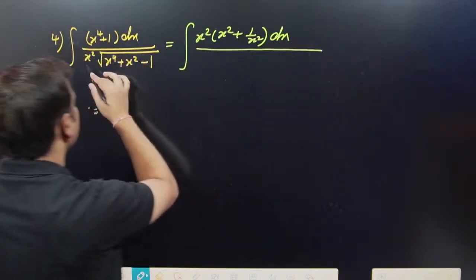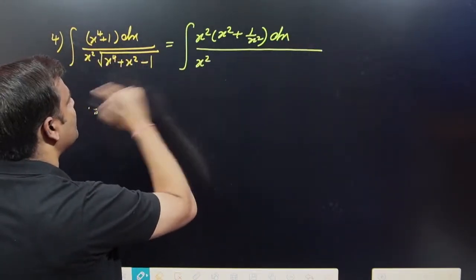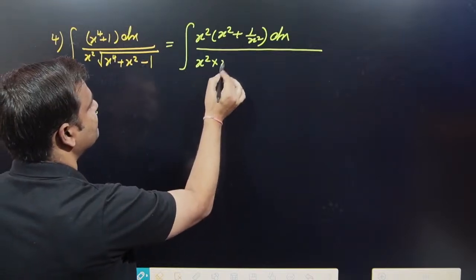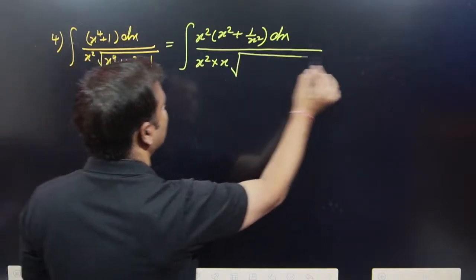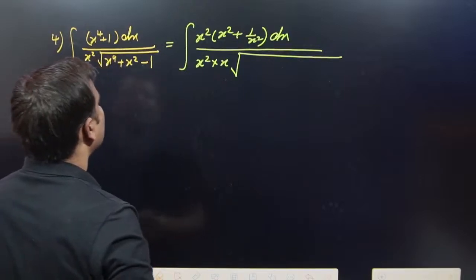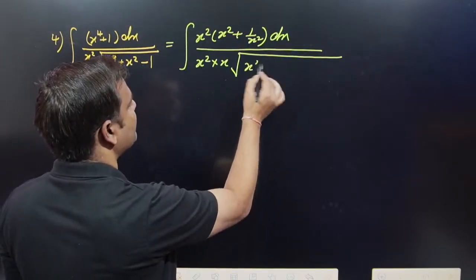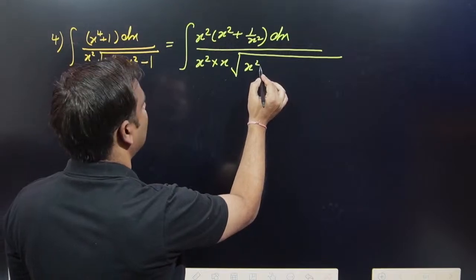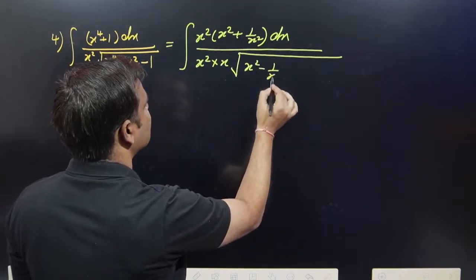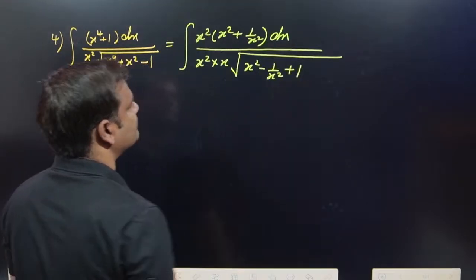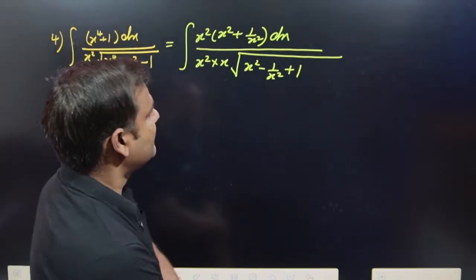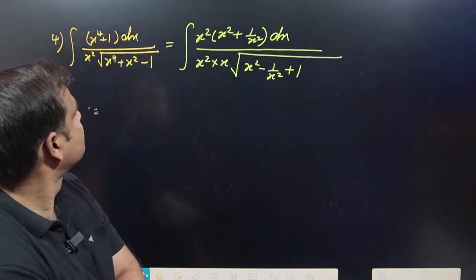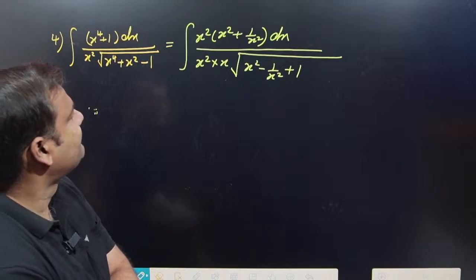Okay, and here x square. If x is common, then that one is written x square minus 1 by x square plus 1. Look, is there any advantage or not? Okay.